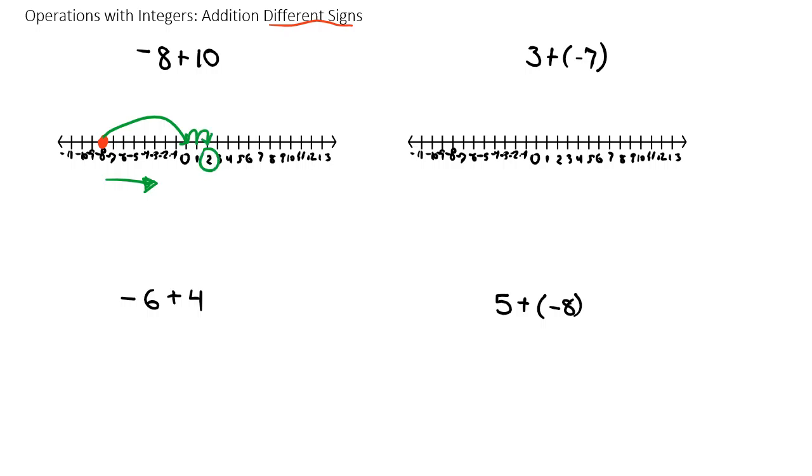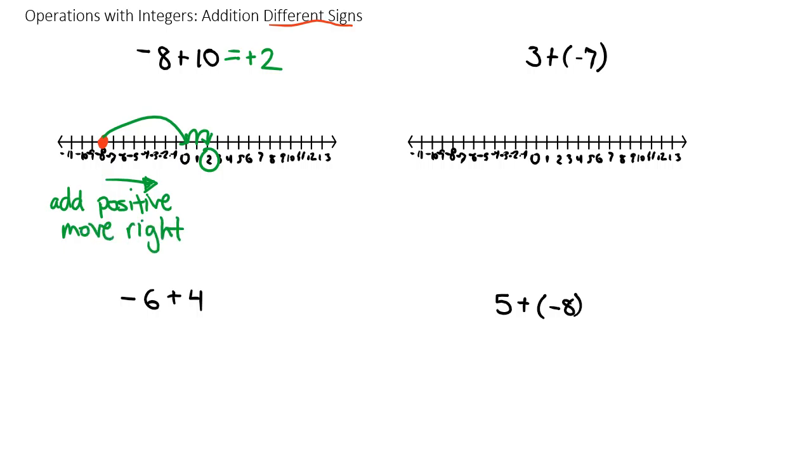And so when we see this, we end at a positive 2. And so when we are adding a positive, we need to move right on our number line. Okay?